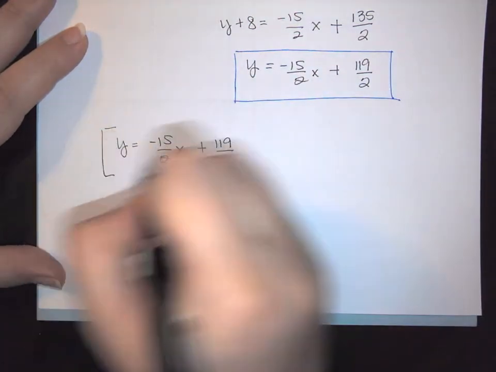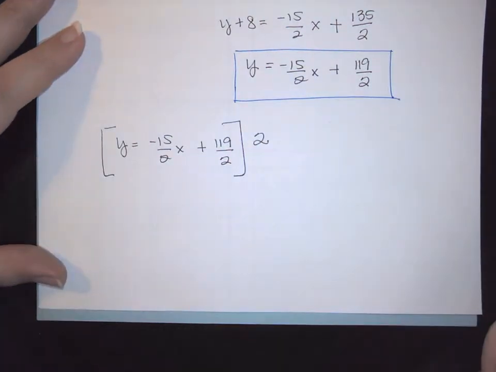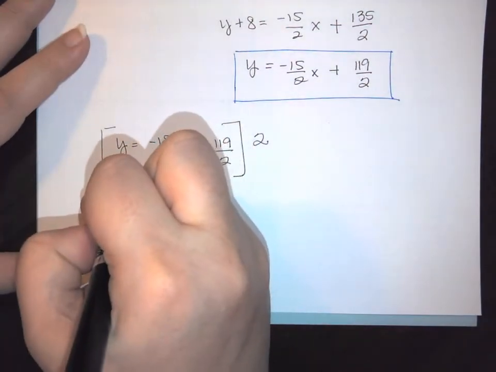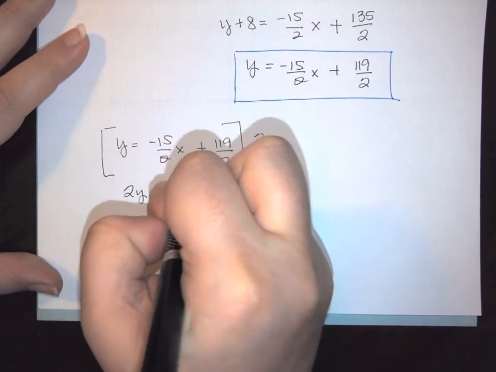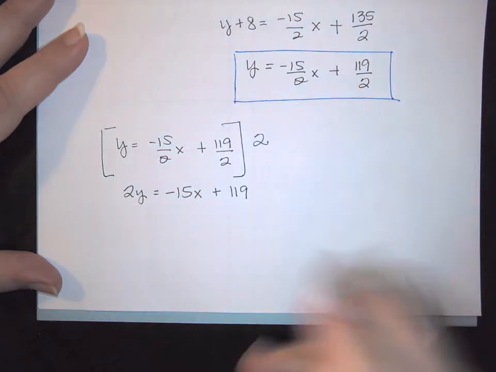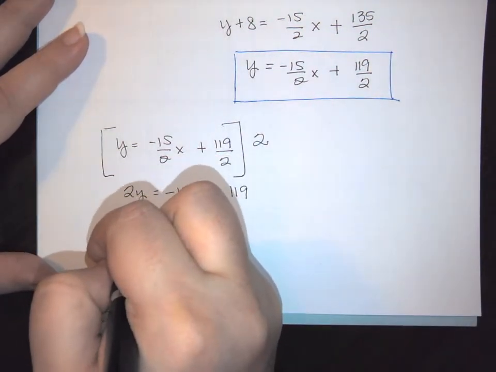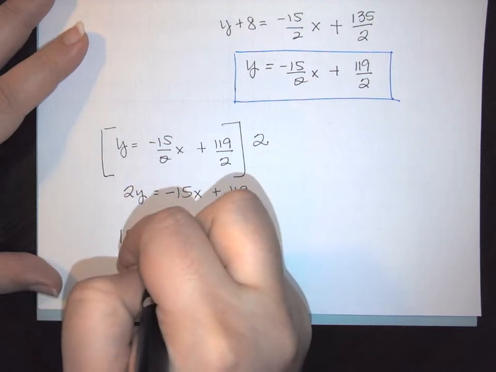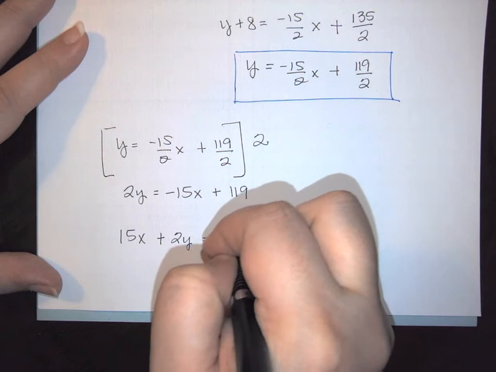First thing we're going to do is multiply this whole thing by 2 to get rid of your fractions. So this becomes 2y equals -15x plus 119. We have to move the x to the other side, so we end up with 15x plus 2y is equal to 119.